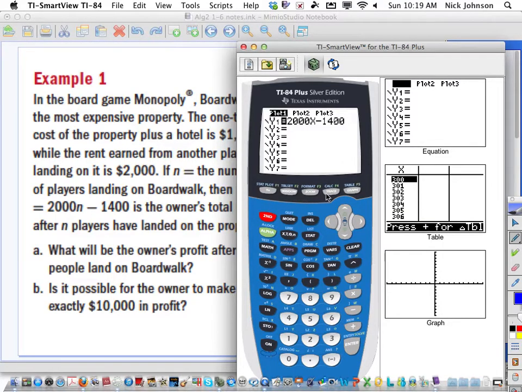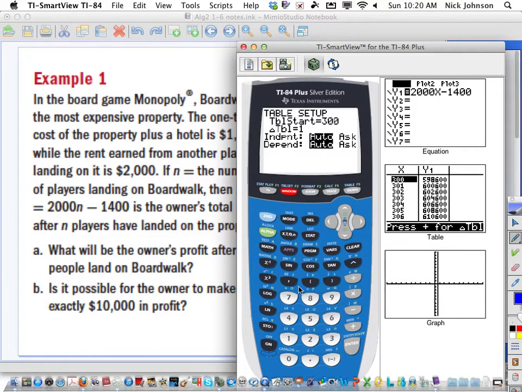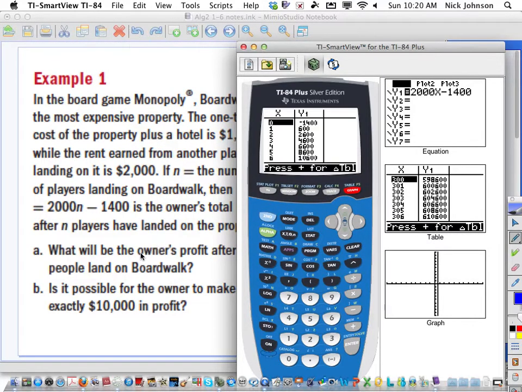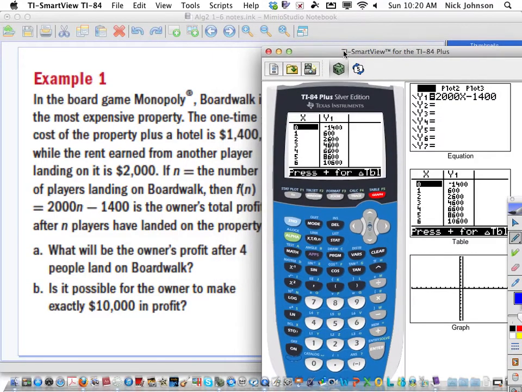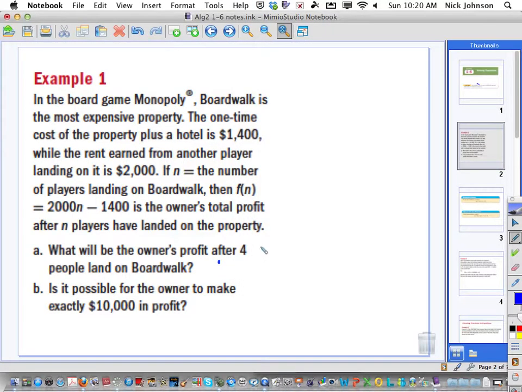So what we can do is go to the table, and my table's a little big right now, but I'm going to start my table at 0. Hit second function graph, because we only want to go out to, I think, 4, right? After 4 people land. So when 4 people land on Boardwalk, that guy's making $6,600.